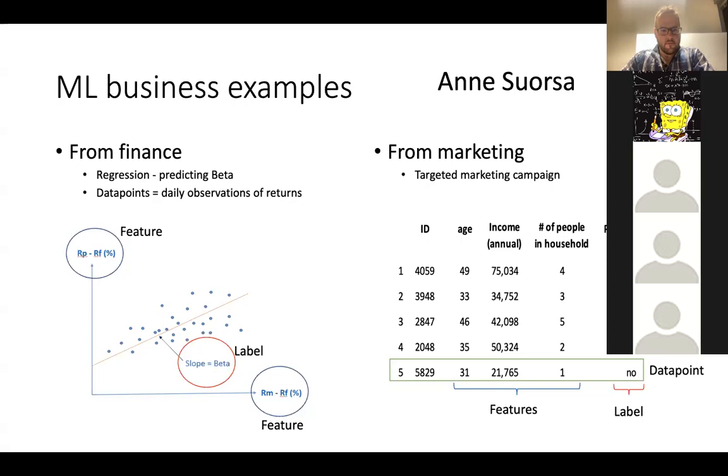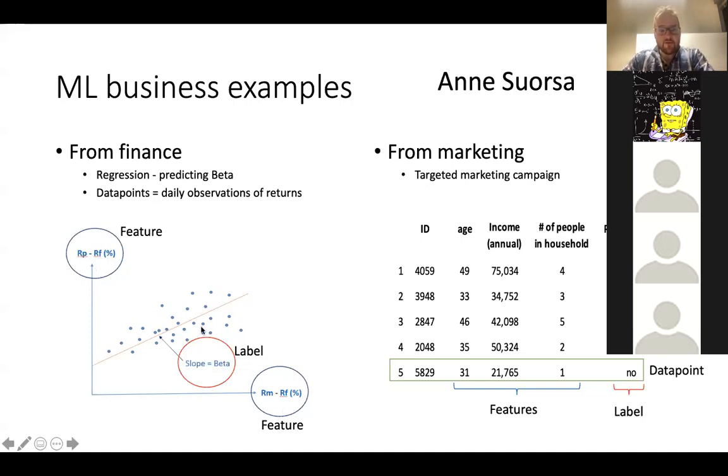So here the data points are daily observations of returns, and the features are, on the y-axis, the excess return of the asset, and on the x-axis, the excess return of the market. And then as the label, the quantity of interest is the beta.